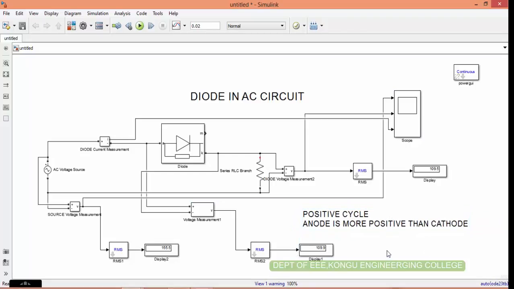The other way of saying it is the diode is in forward bias and hence it will conduct. It will allow the positive cycle to flow from the source to the load.